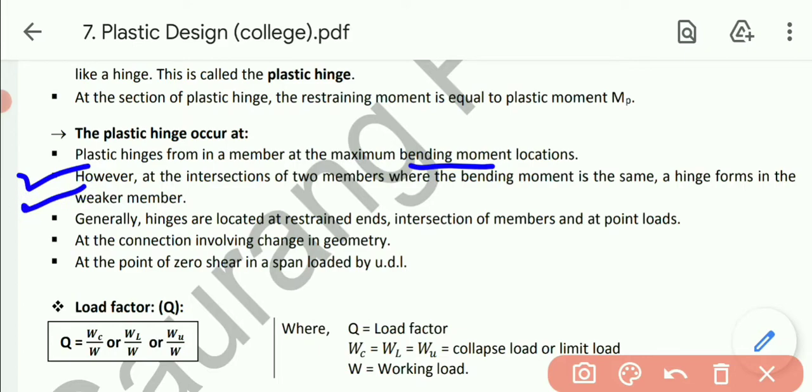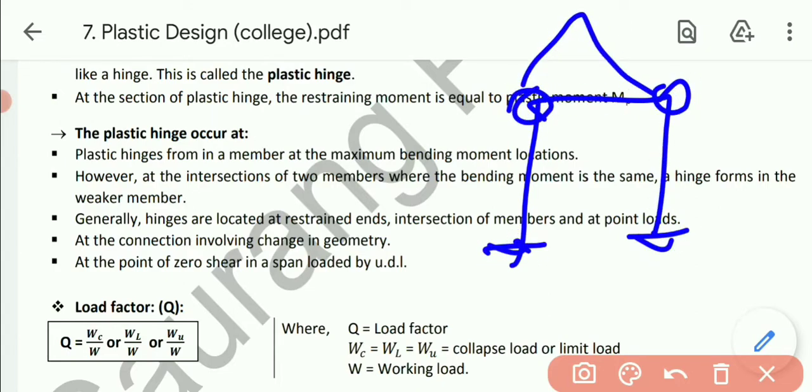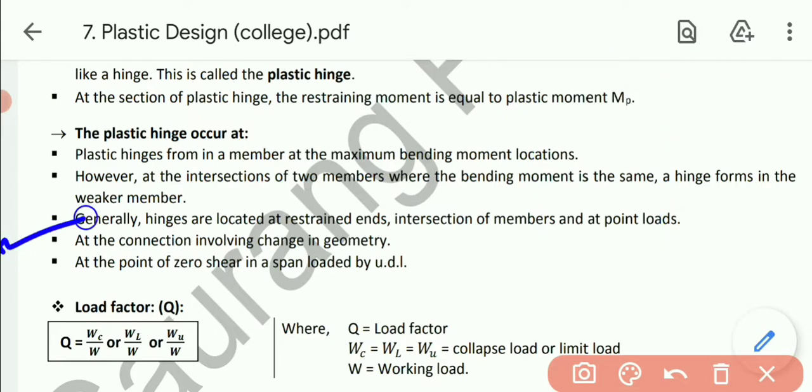Then, at the intersection of two members where the bending moment is the same, a hinge is formed in the weaker member. For example, if a frame is there, this one is the intersection point, so at the intersection point also plastic hinges will occur. Then generally hinges are located at the restraint, at the intersection of members and at the point load.